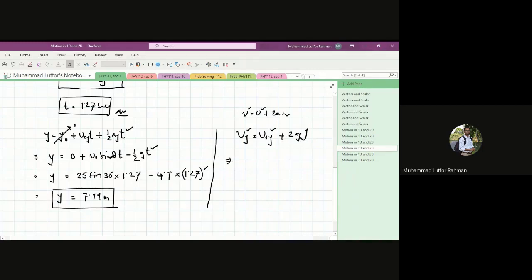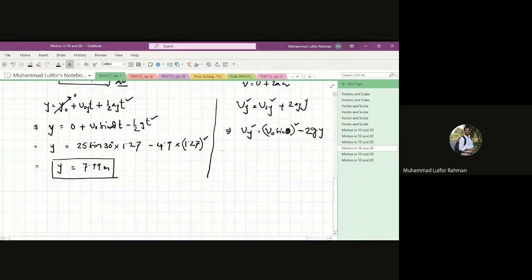Now I can modify this one. So I will write this Vy. V naught y is actually V naught sine theta, whole square, minus 2 ay, and I use the minus sign, g y. Ay will be minus g, right?